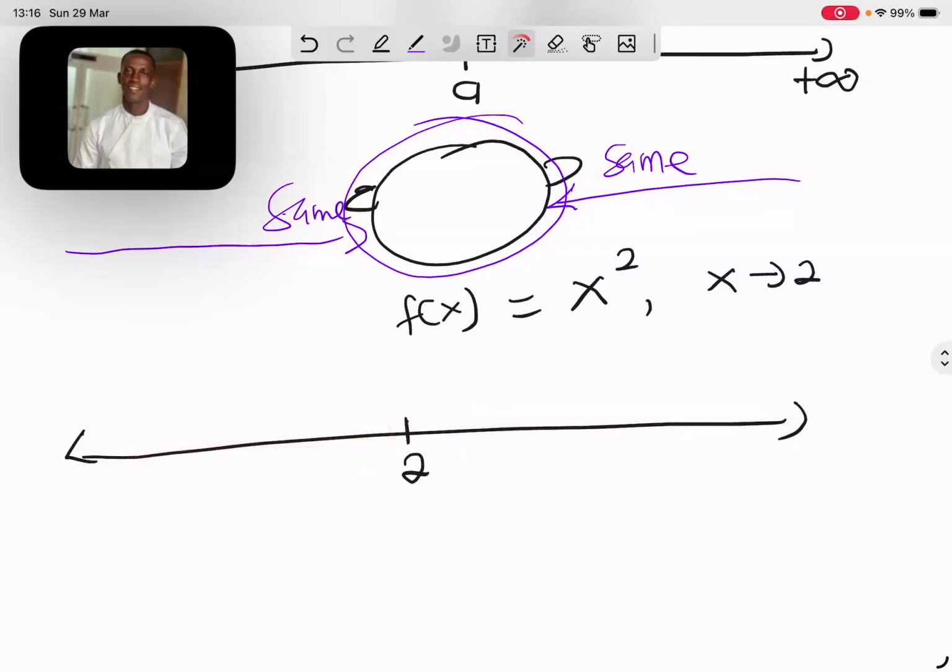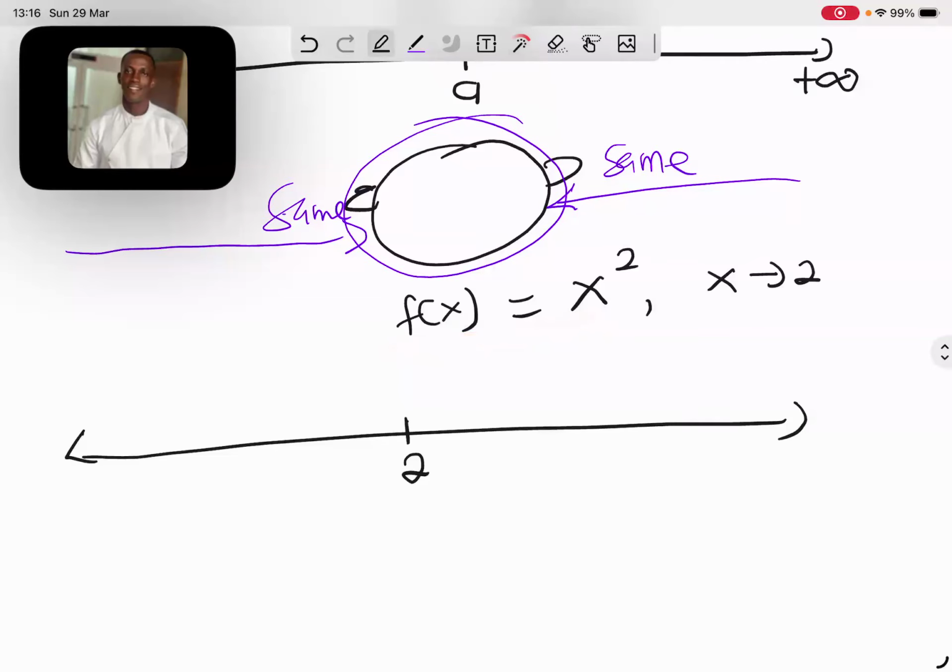The value that f of x becomes or gets closer and closer to as x gets closer and closer to 2 from the positive direction and then from the negative direction, if the values that f of x is approaching are the same, then that value becomes the limit of the function.